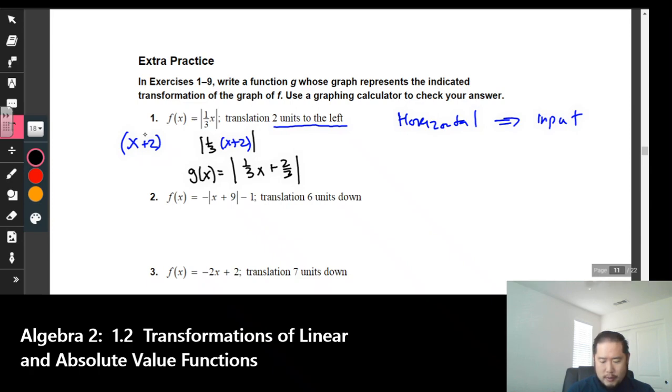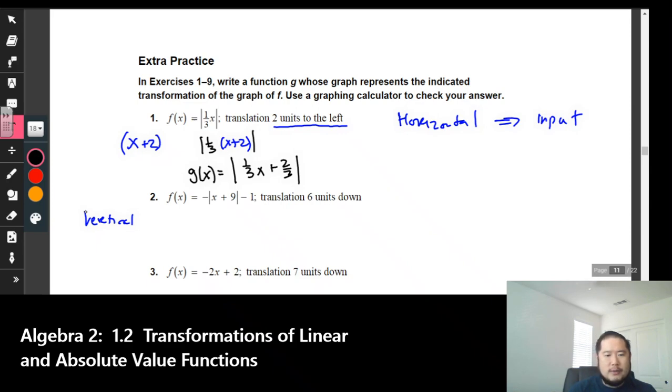Let's go to number 2. It says right here we have a translation of 6 units down. 6 units down right there would be your vertical. And remember, when it's vertical translation, we use the variable k.